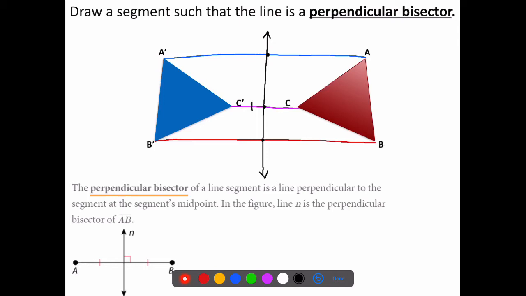I have C to the line of reflection being congruent to C prime to the line of reflection. Same with A and A prime and B prime. So again, this line of reflection is the perpendicular, meaning it's going to intersect at 90 degrees here. It's the perpendicular bisector of each segment, meaning it's cutting each segment equally into two equal congruent parts.